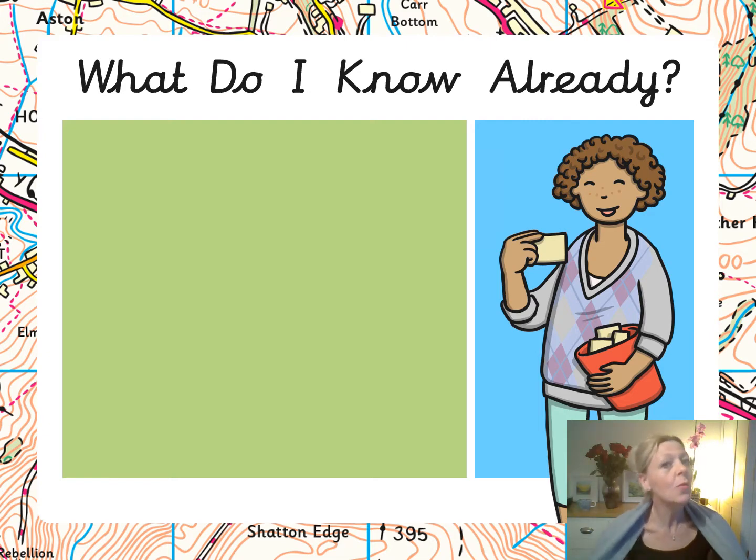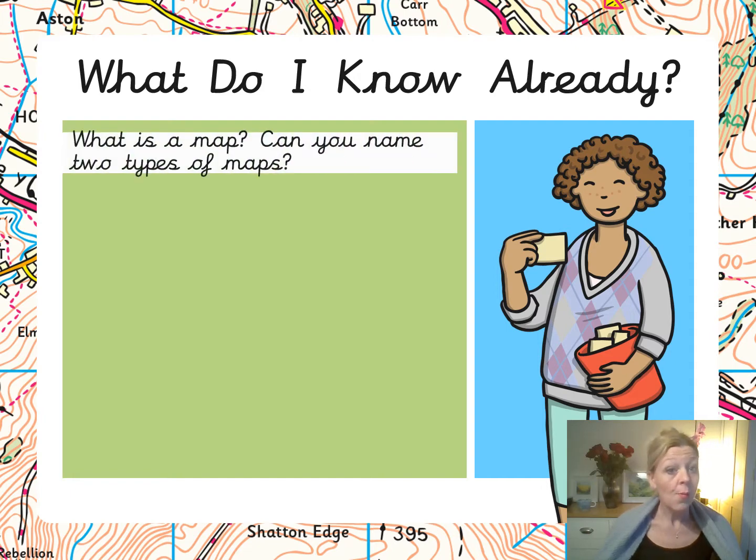So what do you already know about maps? Have a think. What do you actually know a map's used for? Can you actually tell me what is a map? Can you tell someone near you what a map is? And can you try and name 2 types of maps. We'll have another go at that in a moment.